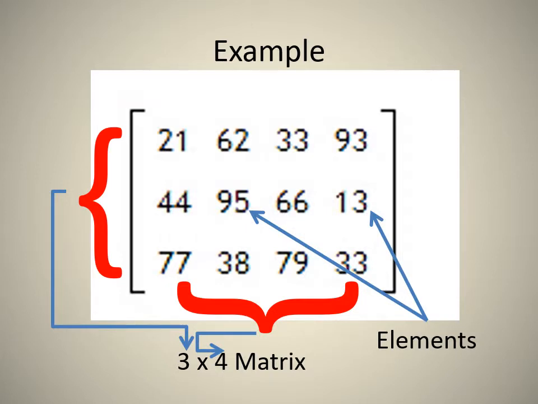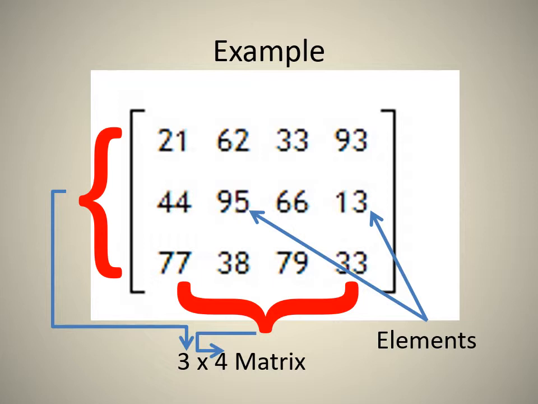So this is just an example where we have a 3 by 4 matrix. Why a 3 by 4? 3 rows, 4 columns. And each of these numbers written into the matrix, like in this example 13 or 95, we call the elements. And it's also then possible to describe the exact location of the element. So our first element would be in row 1 and column 1.